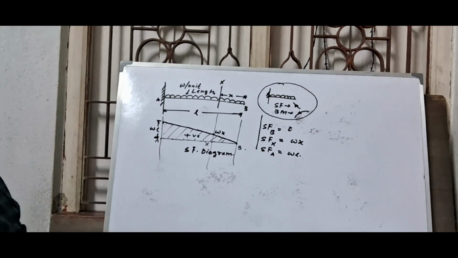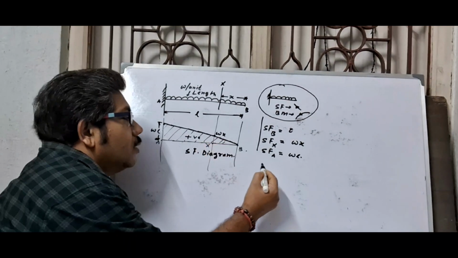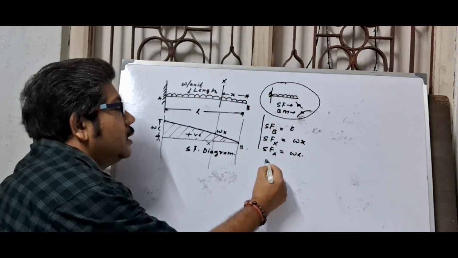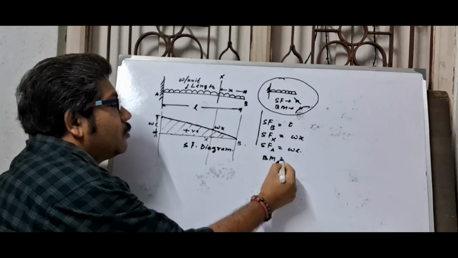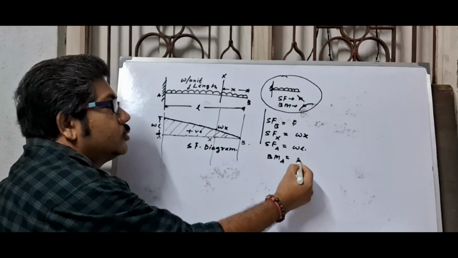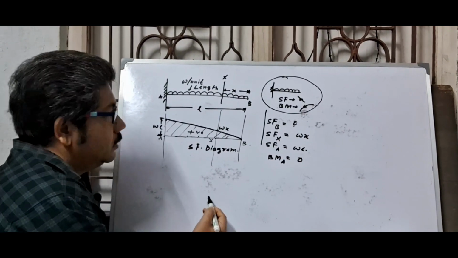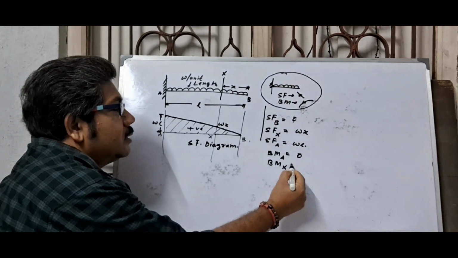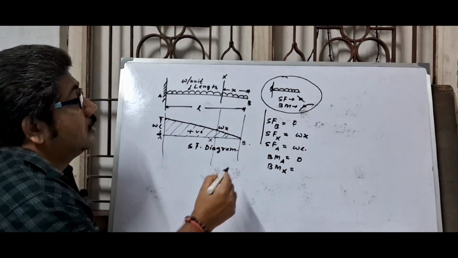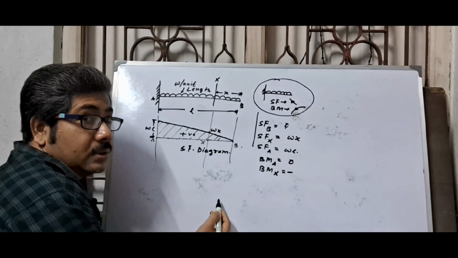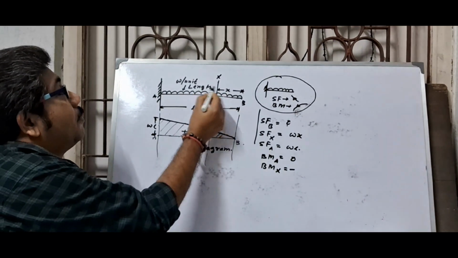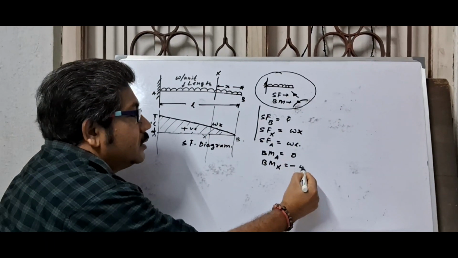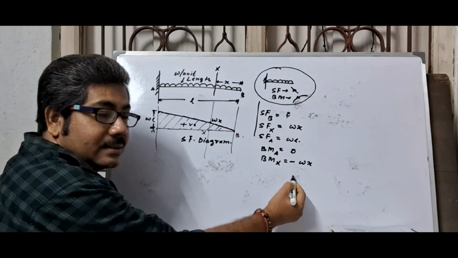Now the value of BM from the starting point, that means the free end. Bending moment at point B: there is no shear force, so there is no BM. Bending moment at point X, first of all negative, we know that: per unit length omega, so for x distance this will be omega x.